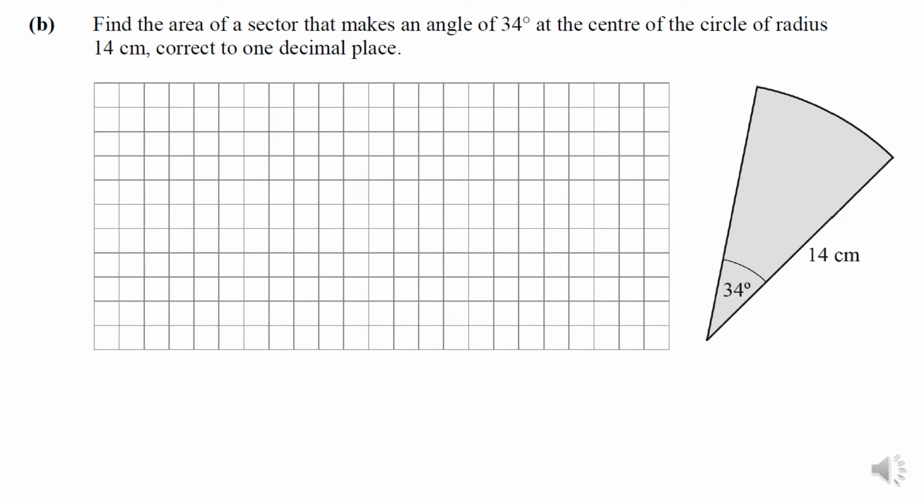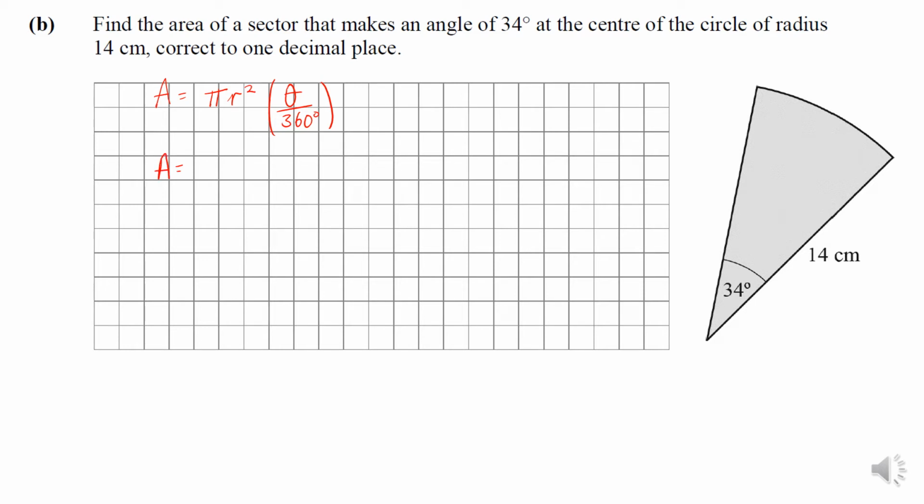The first thing you should always do for your examiner is to write down the formula. By choosing the correct formula, you are going to get some partial marks. So pi r squared, theta over 360 degrees. The next thing you'll gain marks for is putting in the correct numbers in the correct place.